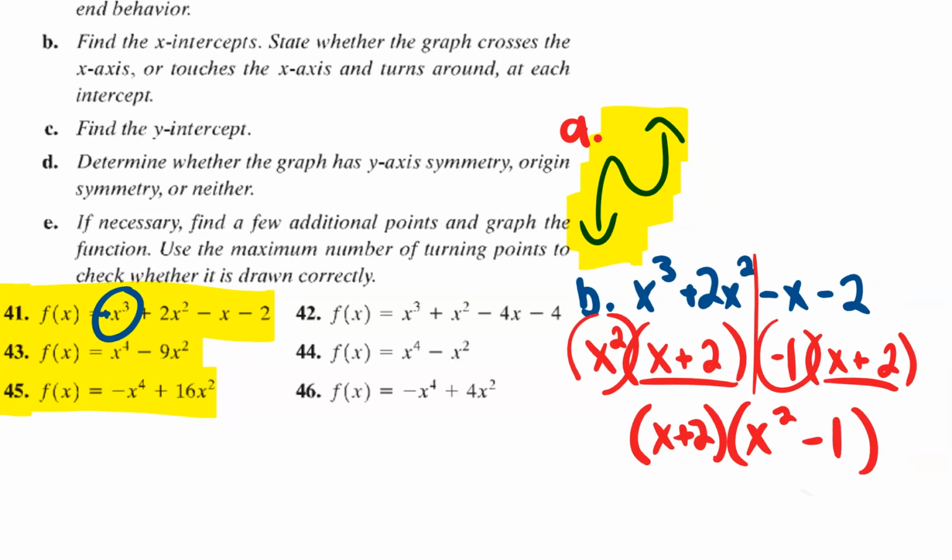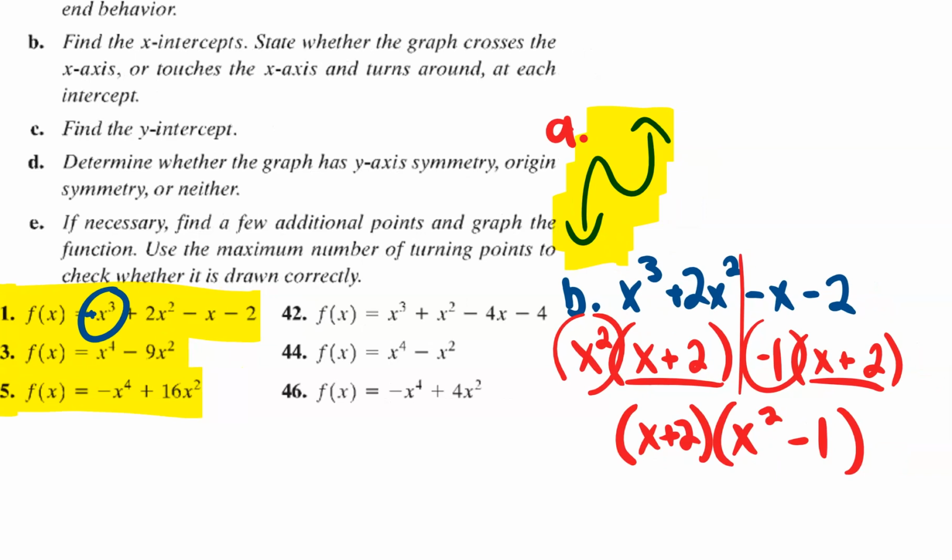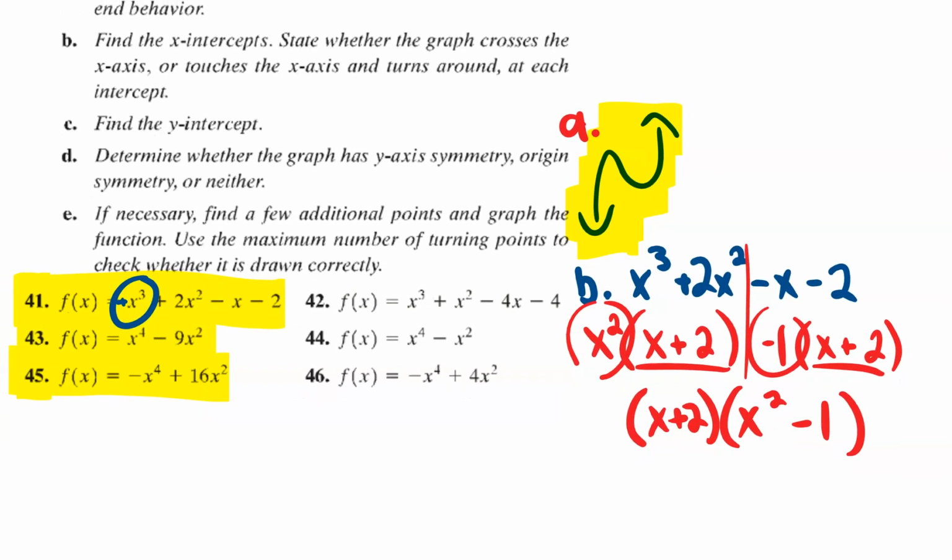All right, and then I can set each factor equal to 0 to solve, or I could factor this one further. This is a difference of squares, so it'll be x plus 1, x minus 1. And then this will stay just x plus 2. Set each factor equal to 0.